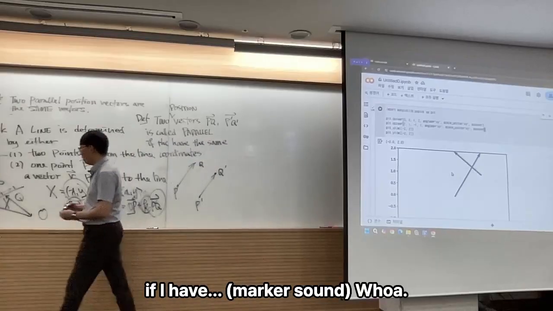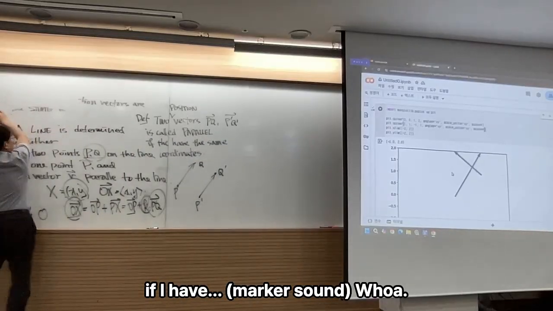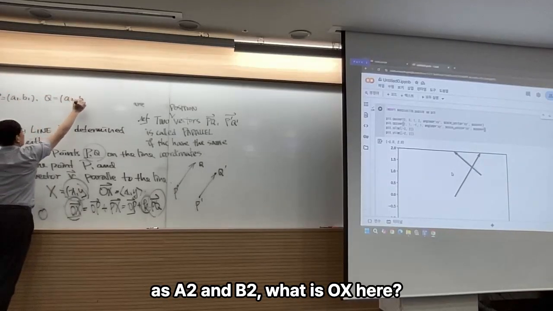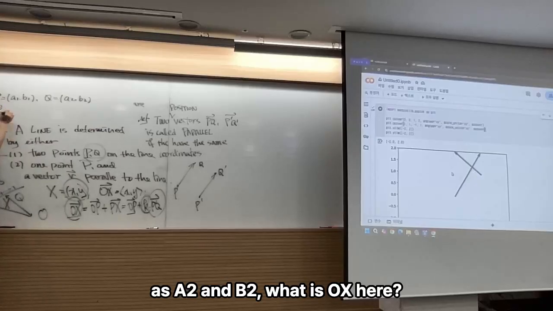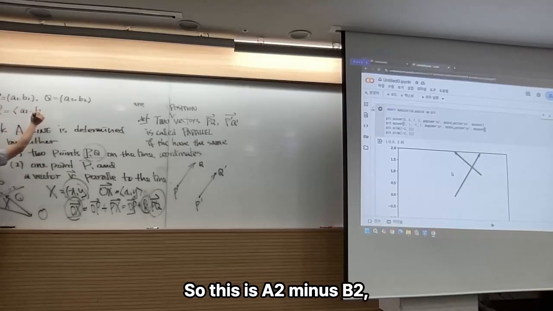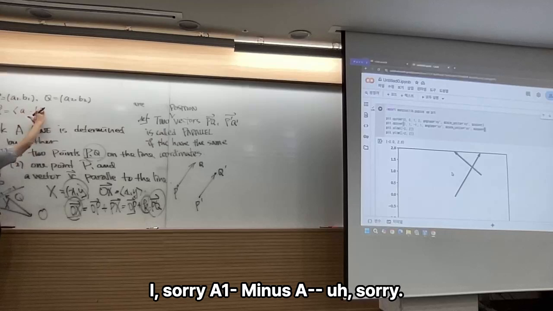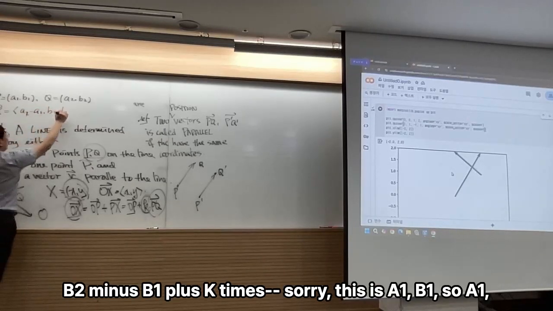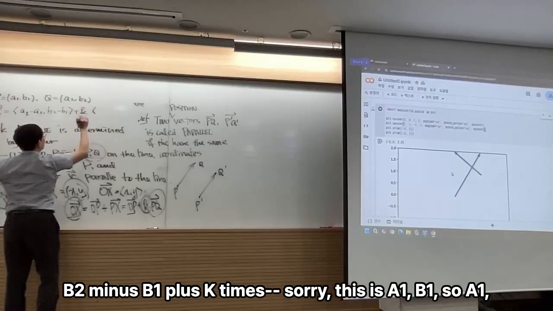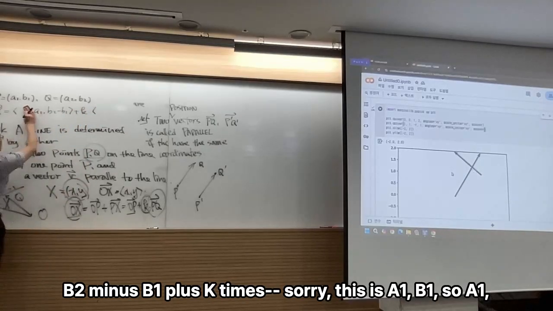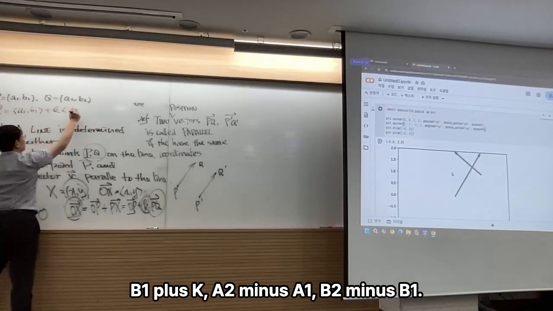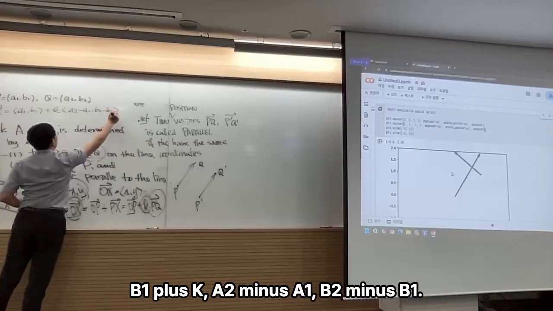So for example, if I have P as (A1, B1) and Q as (A2, B2), what is OX here? It is (A1, B1) plus k times (A2 minus A1, B2 minus B1).